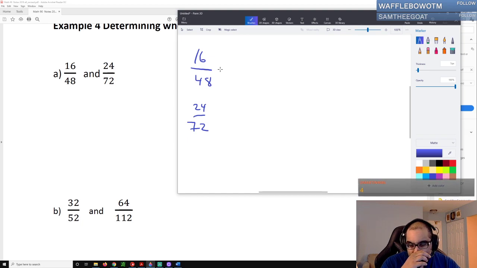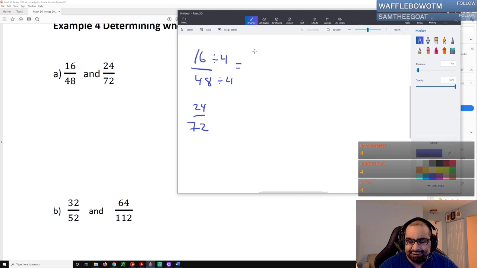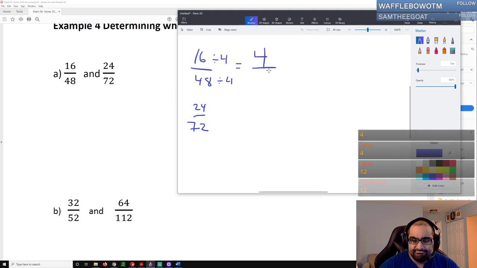4. Okay, let's go with 4. So I'm going to divide by 4 on the numerator and denominator. 16 divided by 4 is 4. 48 divided by 4 is 12, right.